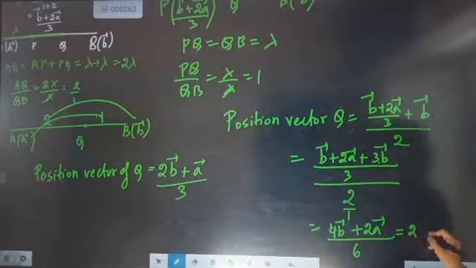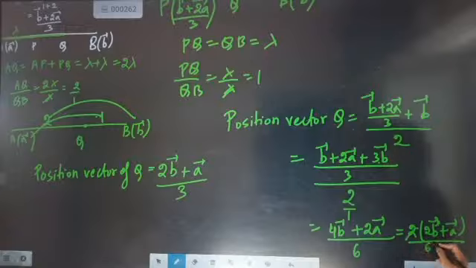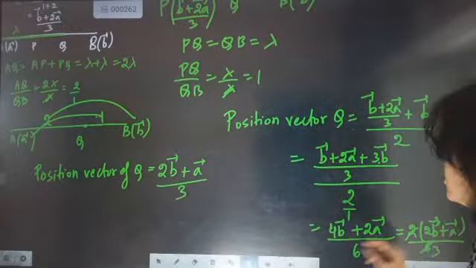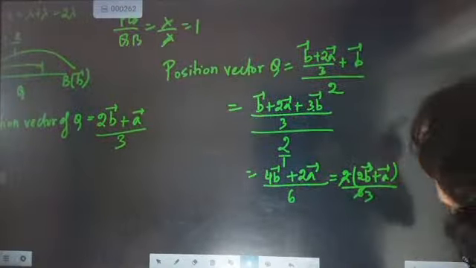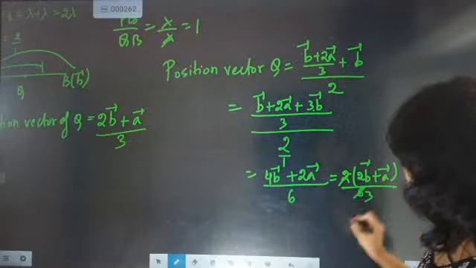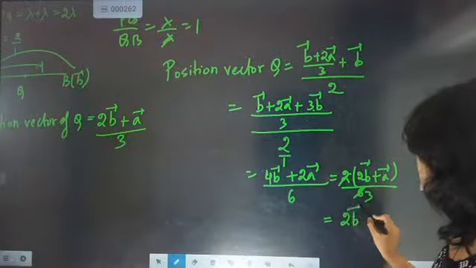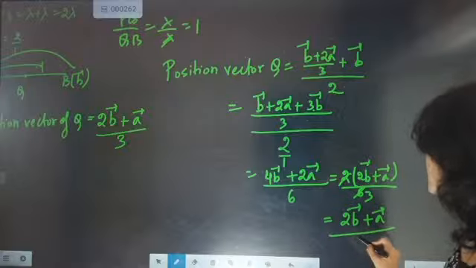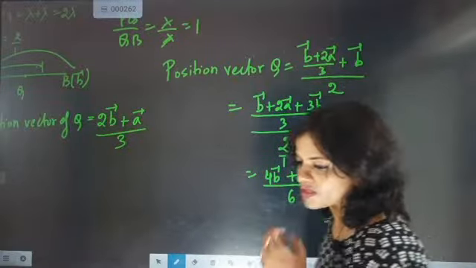Now you take common, it is coming as 2b vector plus a vector by 6, cancel it, it is coming as 3. So the answer will be coming 2b vector plus a vector by 3.